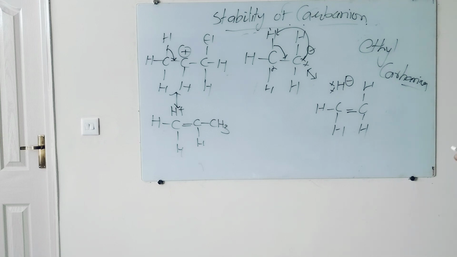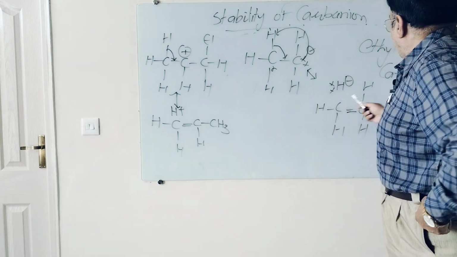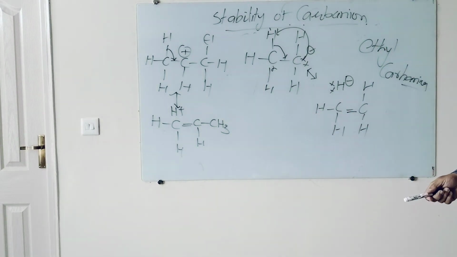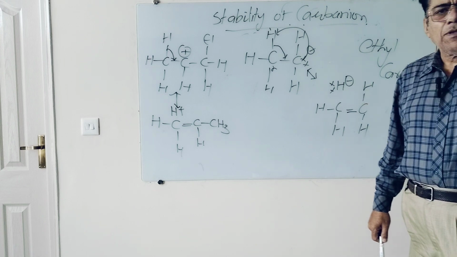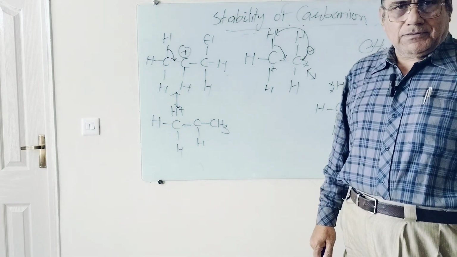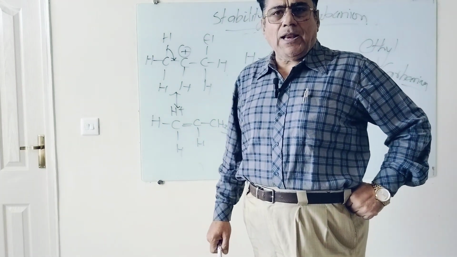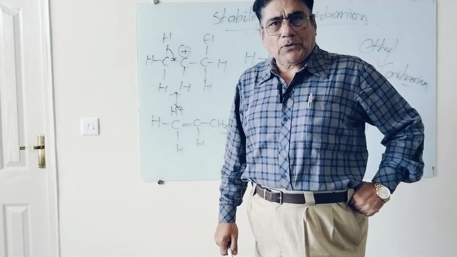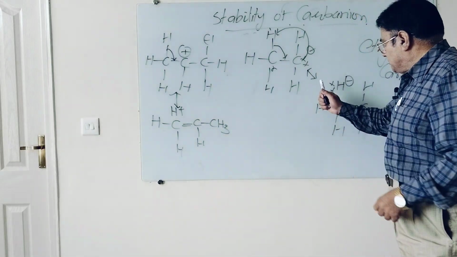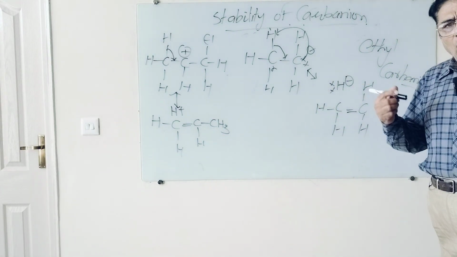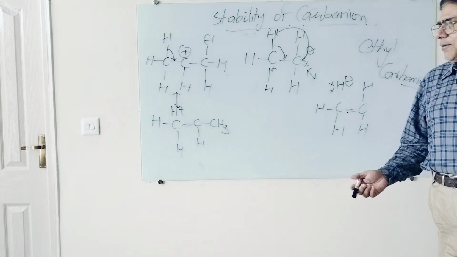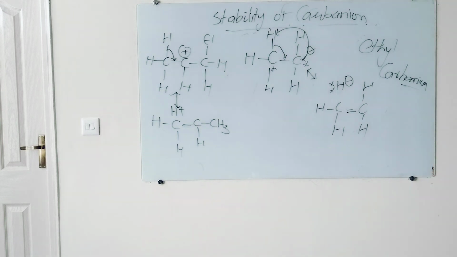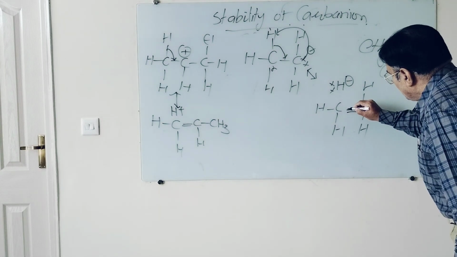In the case of ethyl there will be 3, isopropyl 6 plus 1, tertiary butyl 9 plus 1. Theoretically I have written, but practically we can never explain the stability of carbanion with the help of hyperconjugation. Why? These are the structures. I can draw the 9 structures of tertiary butyl carbanion. But what reason do I see?